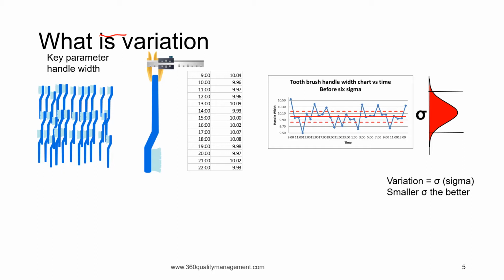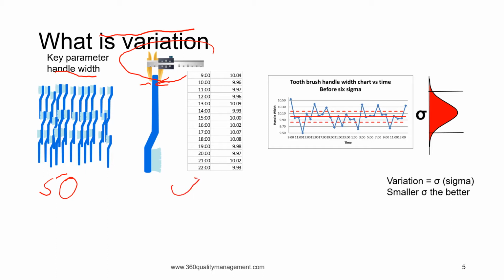Let's look at what variation is. Let's say one of the key parameters that we would like to monitor is the toothbrush handle width. So what we do is that we sample 50 toothbrushes from different times during the manufacturing process and measure the width using a vernier caliper.